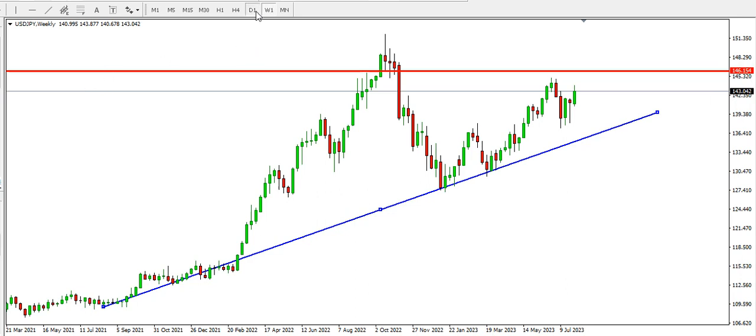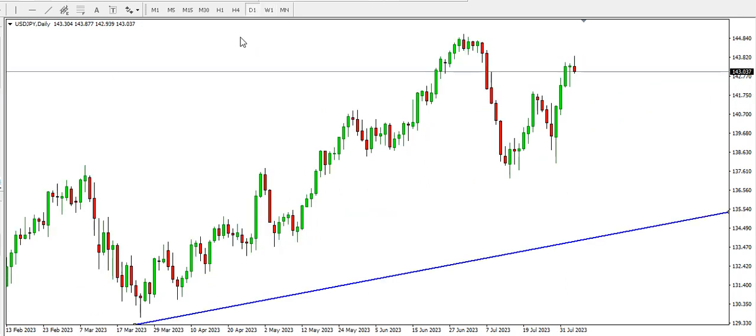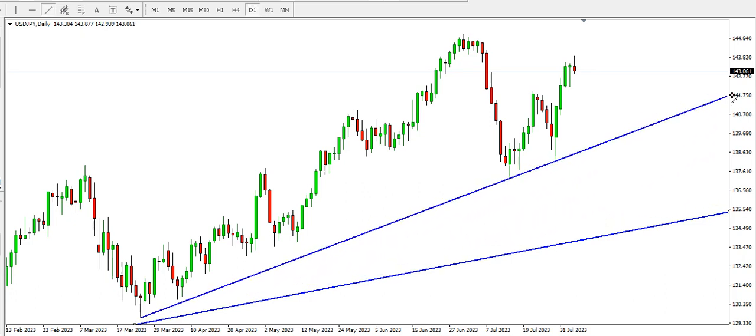Okay, on the daily time frame, we have price trending up. Now we have a low, there's a high, higher low, higher high, higher low, higher high, higher low, higher high, higher low, higher high.